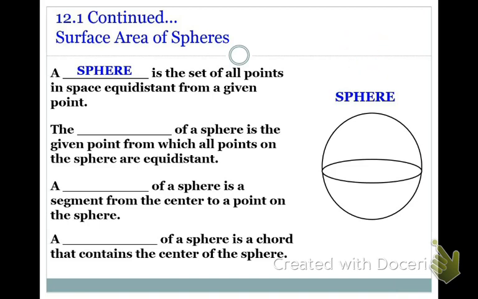A sphere is the same thing, where it has a given point, and the sphere is all the points that are equidistant from it. But it's three-dimensional. It goes in three dimensions now instead of just two, so you get this solid ball.